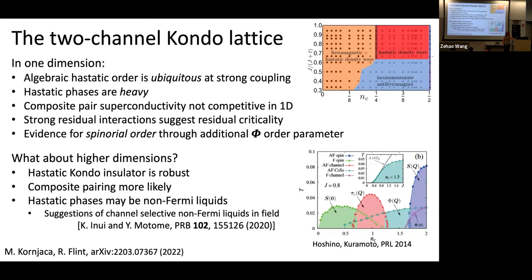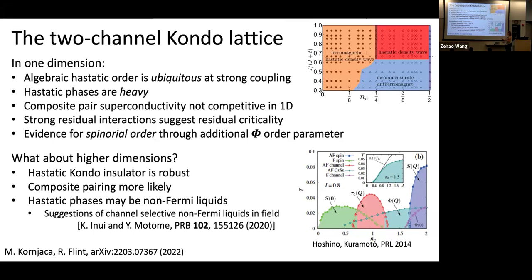Just a very quick question about this channel selective... Yeah, so when you have the non-Kramers doublet, that is the quadrupolar doublet, and then your channel is just the spin degree of freedom. You put it in a magnetic field, you break your channel symmetry. If you start off not wanting to be in static order, but you turn on a magnetic field, you might want to be in the particular static phase that is aligned with your magnetic field.